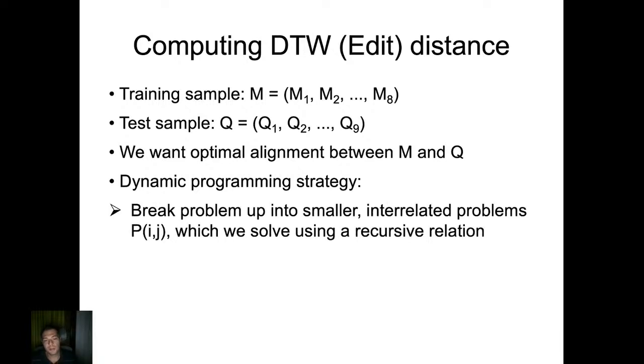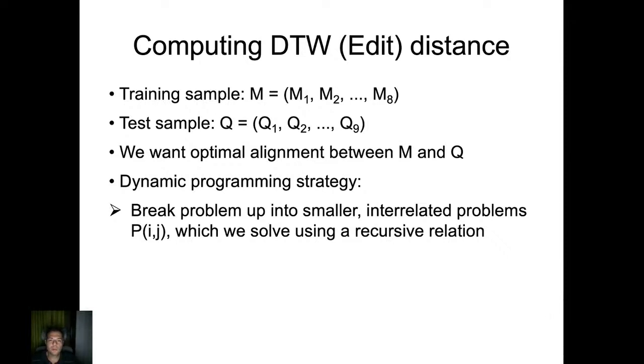This is obtained using a dynamic programming strategy. In order to apply dynamic programming, we first break the problem into smaller problems. We first assume that the problem has two parameters, i and j.